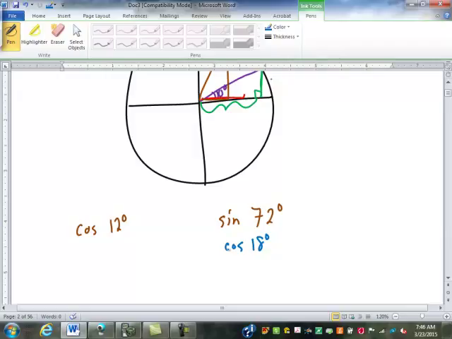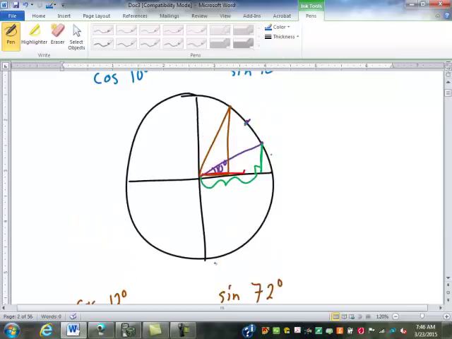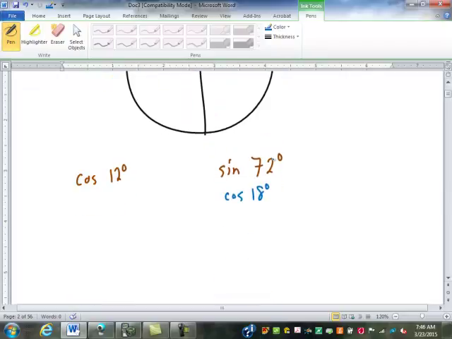Cosine gets bigger or smaller as the angle gets larger, as long as we're staying between 0 and 90? As the angle gets larger, the cosine gets smaller. The small angles have a large cosine. Remember, close to 0 degrees, cosine is 1. So, larger angle, smaller cosine. So therefore, cosine of 12 is going to be bigger than the sine of 72.